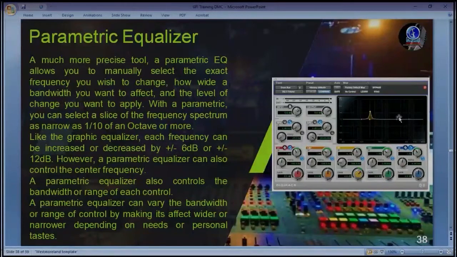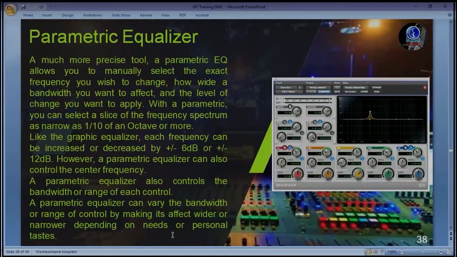A parametric EQ also controls the bandwidth, or range, of each control. A parametric equalizer can vary the bandwidth or range of control by making it affect wider or narrower, depending on the needs or taste of the person. Yes. So it depends on your hearing system, how you want it to be.